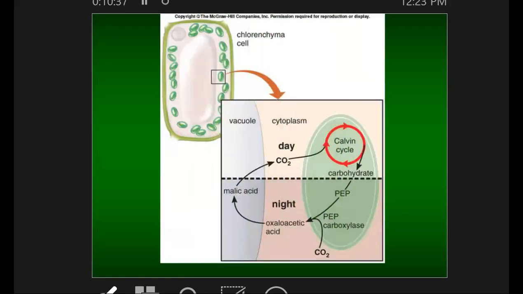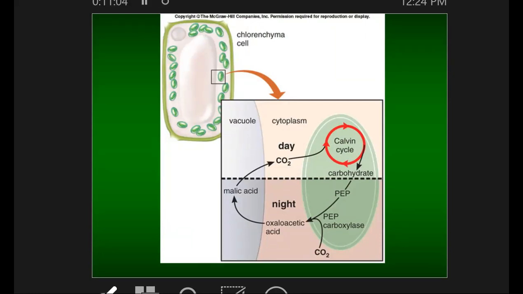Let me go to this one. So now what we see is the artist is trying to show that something is happening during the day and something is happening at night. So we said C4 plants have spatial segregation, right? Some things are happening in mesophyll cells, other things happening in the bundle sheath. But it's during the day, all day long.